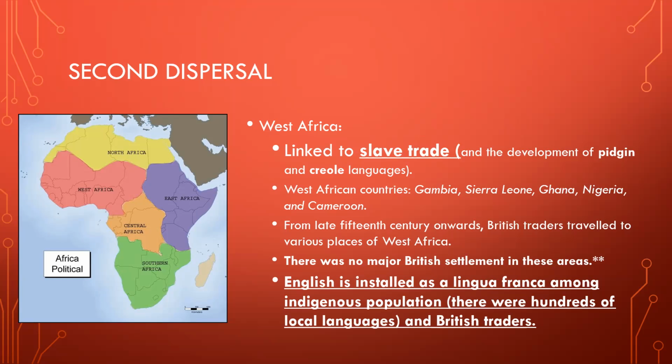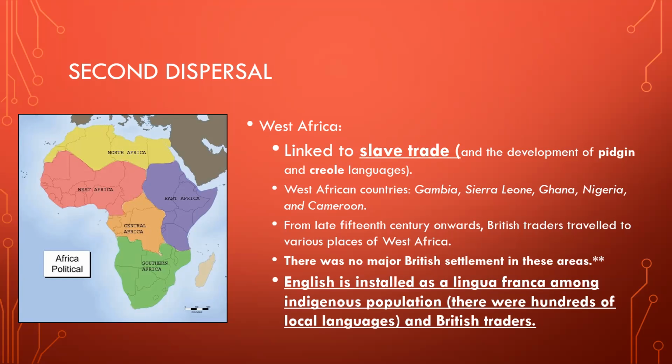And once the Pidgin stabilized and was passed down to younger generations and children, it became a Creole. So West African countries involved in the second dispersal include Gambia, Sierra Leone, Ghana, Nigeria, and Cameroon.